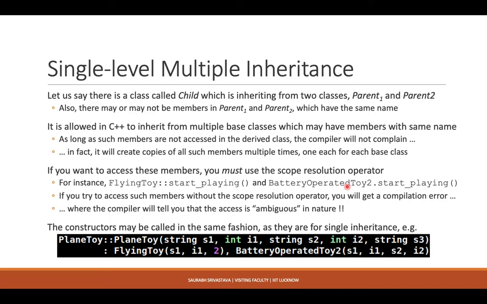Why? Because the compiler doesn't really know which of the two definitions you really want to access, right? This one provided here or this one provided here. So in this case, by the way, this is not dot, this is the scope resolution operator here. Yeah, sorry, I'll change the slides before I upload it.